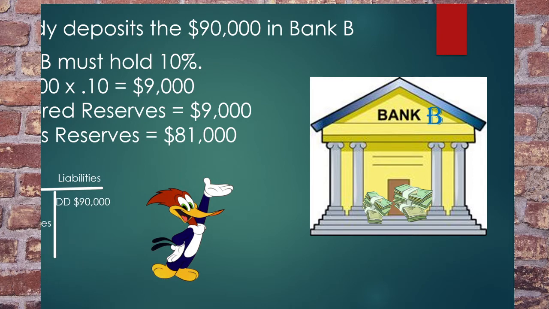They have 9,000 in required reserves, 81,000 in excess reserves, liabilities of 90,000. M1 is now the currency that Woody had moved into checkable deposits in the banking system. So the banking system now has $190,000. Keep in mind that 90,000 didn't exist until Bank A made a loan to the Woodster.